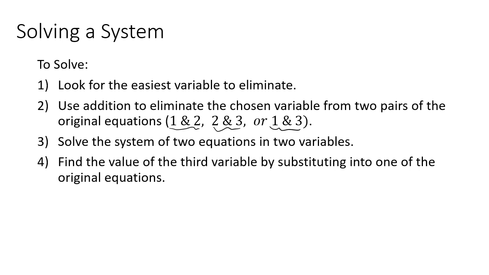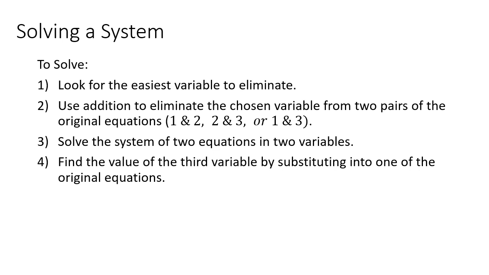By picking two different pairs of equations and eliminating z, you have essentially created two new equations with only two unknowns, because you got rid of z. At that point, it becomes a problem exactly like section 5.1, a system of two equations with two unknowns. So then you would solve that system of two equations and two variables. That will give you two of your answers for your ordered triple.